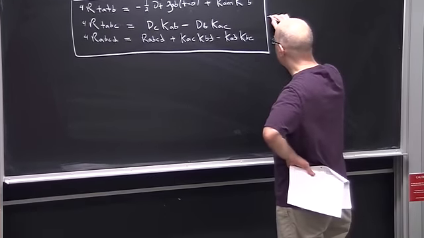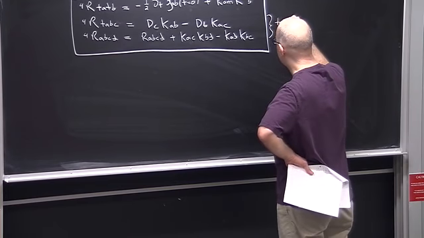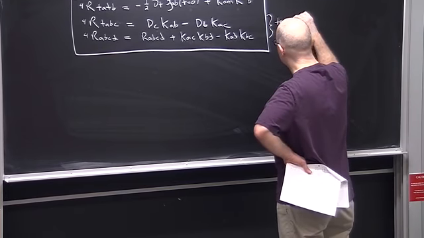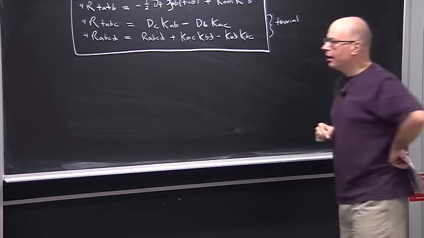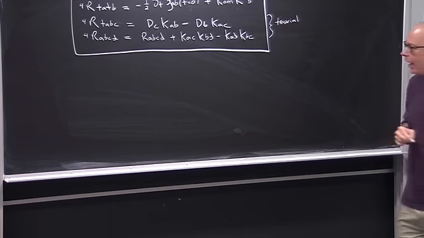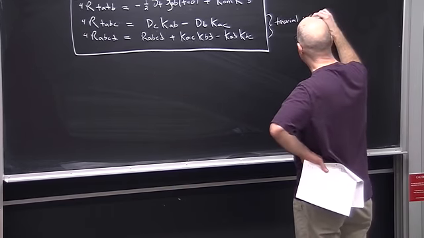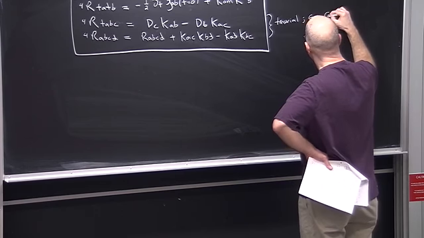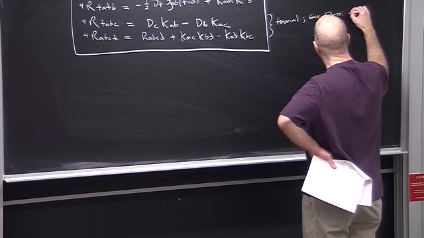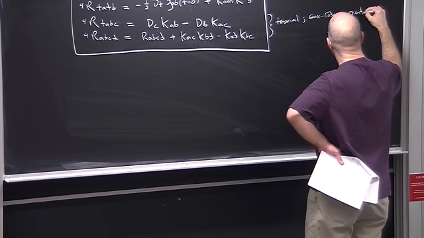The last two equations over here are interesting because they are tensorial. And they're sort of interesting to look at. And they actually have a name. They're called the Gauss-Codazzi equations.